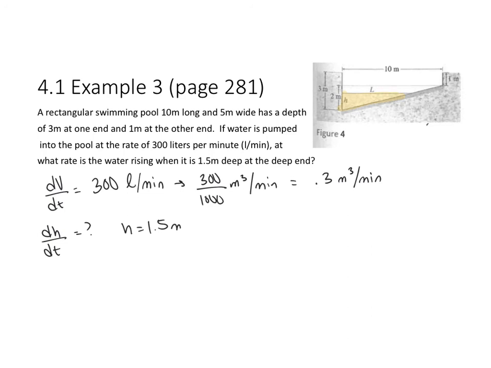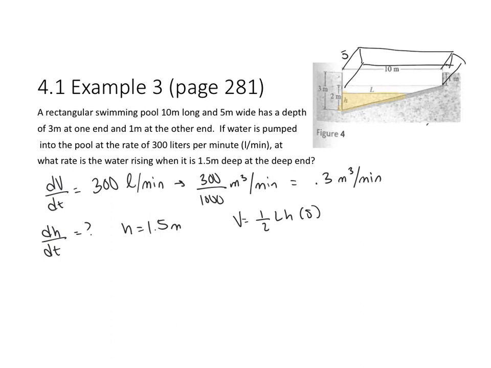So the cross section of the triangle is going to be 1/2 the length times the height times 5. It's going to be times 5 because, as I said earlier, the pool is actually 5 meters wide. So even though the drawing doesn't really show it, neither does my drawing very well, we have this pool that goes all the way out for 5 meters.